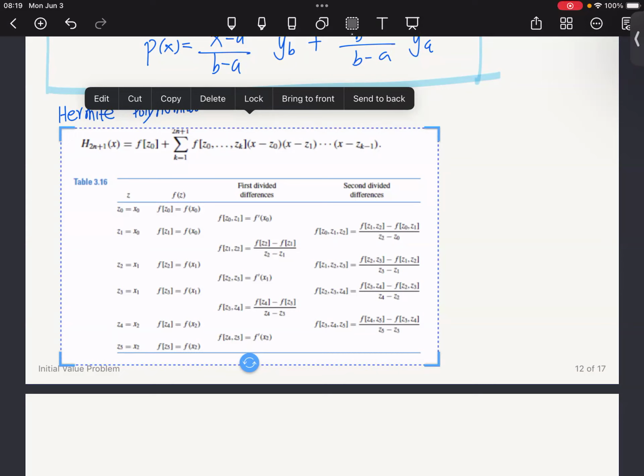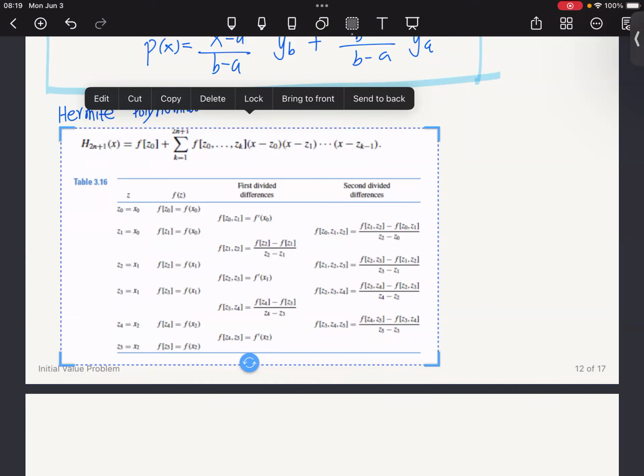With this table, we have the coefficients, and we plug the values into this formula, and then we get the Hermite polynomial interpolation formula.